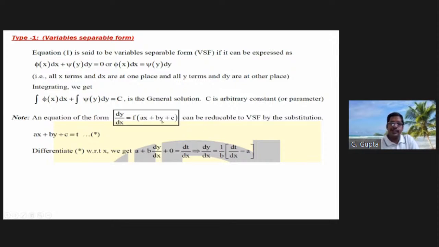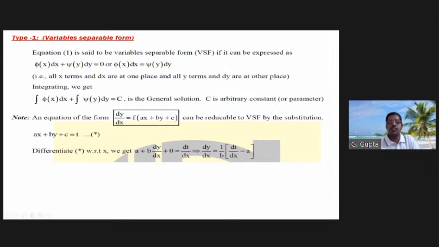This inside term ax plus by plus c is a linear term, a straight line equation form, which is operated by f. For example, cos of x plus y. That cos is a function f, and x plus y is nothing but ax plus by plus c, where a, b, c are constants. Such type of differential equation can be reducible to VSF.